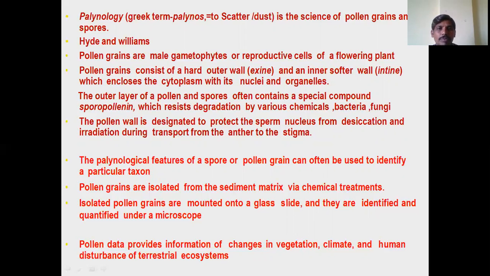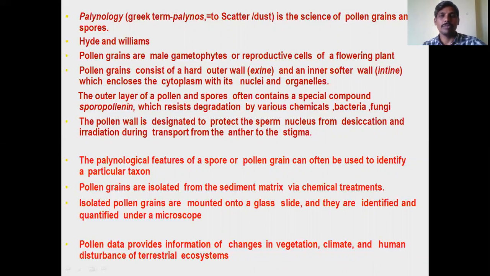The outer layer of the pollen and spores often contains a special compound, sporopollenin, which resists degradation by various chemicals, bacteria, and fungi. That's why these pollen grains are available in different resources.